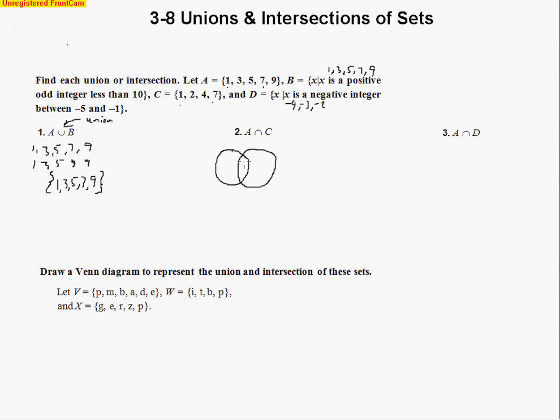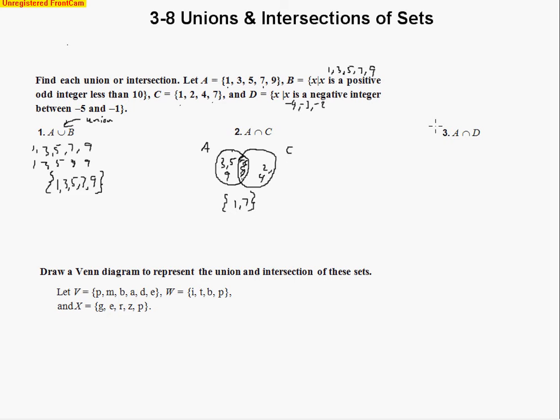So 1 and 7 would go inside here, where A also has 3, 5, and 9. C has numbers 2 and 4. So those are different values in A and C, and the ones that intersect are just in this location in here. So that would just be 1 and 7 would be the two solutions in this case.